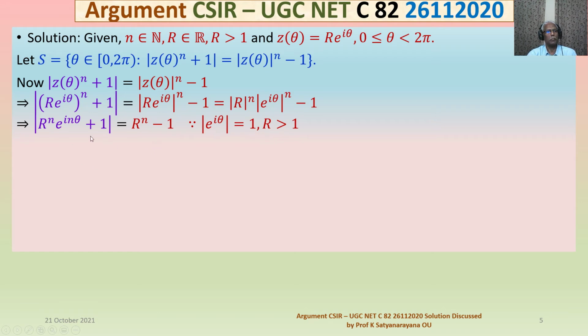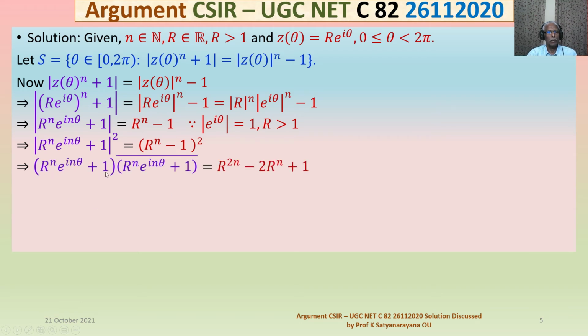Now square both sides, because we want to write the modulus of the left-hand side. To write that we will square it and use the formula z times z bar equals |z| squared. So squaring both sides, |r^n e^(i n theta) + 1|^2 = |r^n − 1|^2, and the modulus squared will be equal to (r^n e^(i n theta) + 1) times its conjugate.